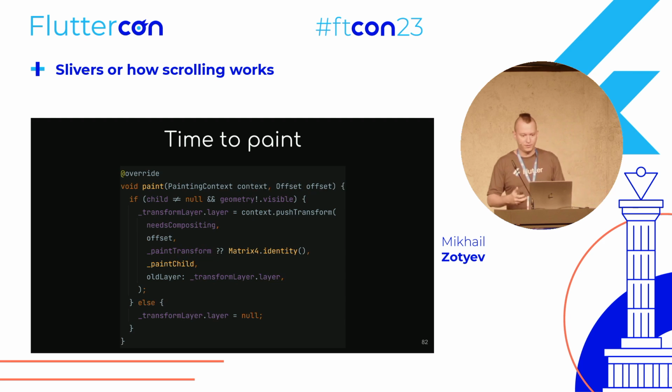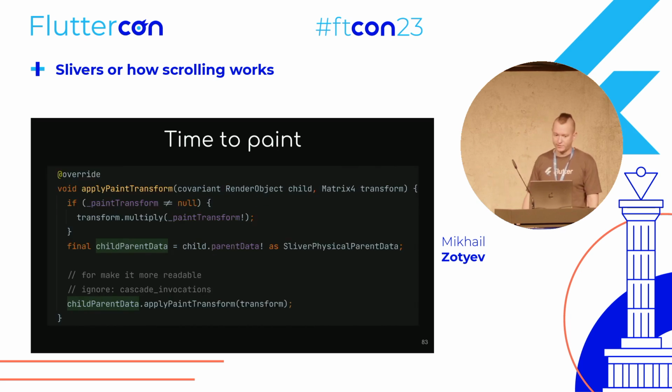We have already made the decision about the rotation and so on, but we still need to paint. And if we have a child and a visible geometry part, we need to apply our transformation, so rotation, or if we don't have rotation, just the default one, and paint the child. Everything fine.